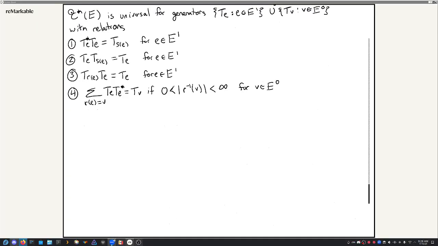Now, these relations tell you about the C-star representations. So in any C-star representation, we actually have that T sub E is a partial isometry.